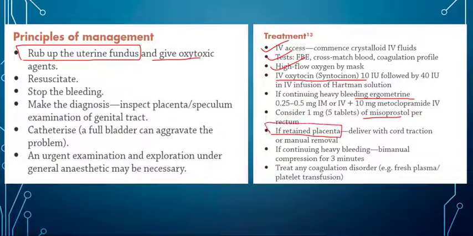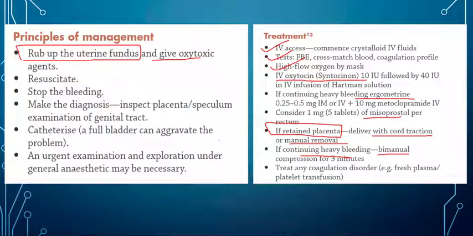And if there is a retained placenta, then you have to go for controlled cord traction to deliver the placenta. If controlled cord traction fails, then manual removal of placenta. If the patient continues heavy bleeding, then the next option is bimanual compression or balloon tamponade. Sometimes even more complicated operations will be needed.